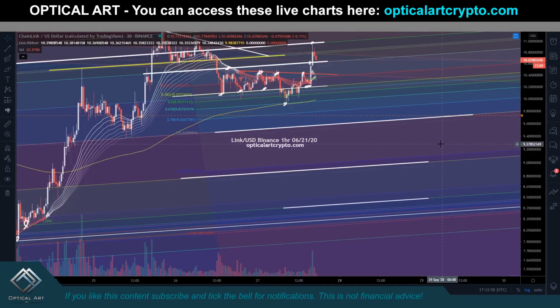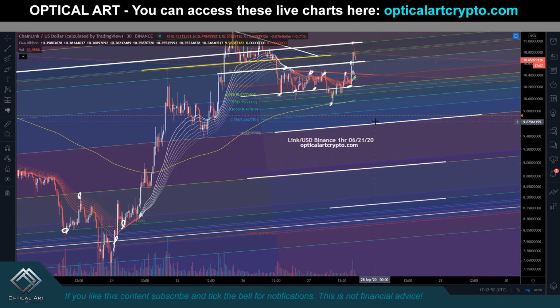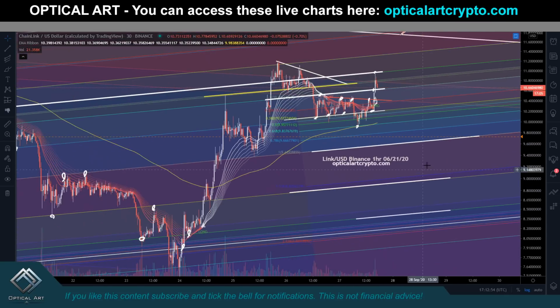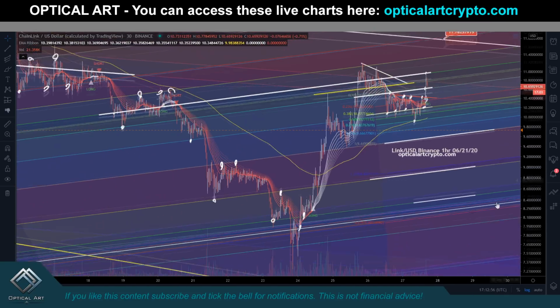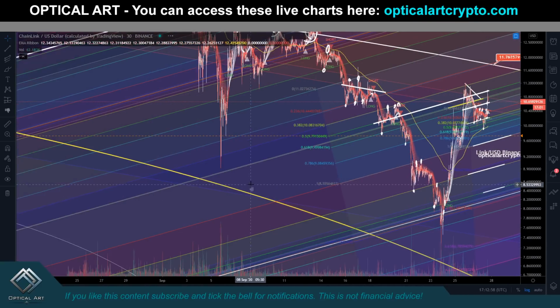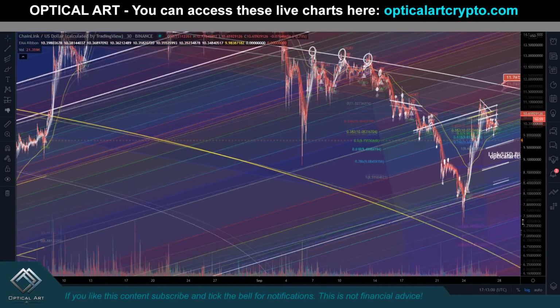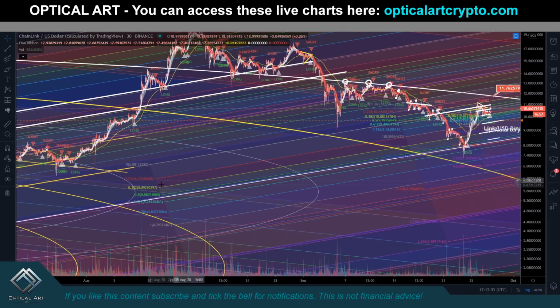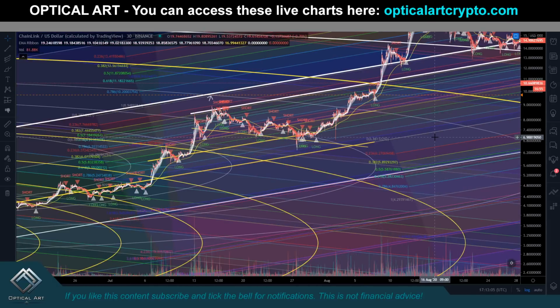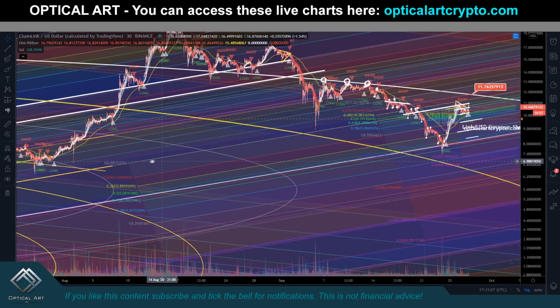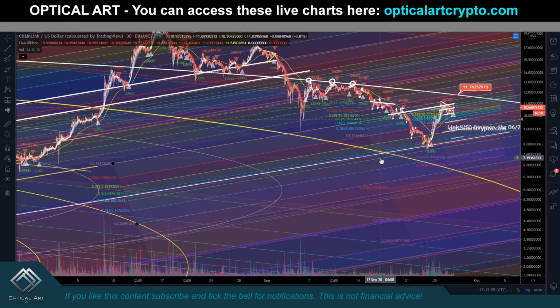So again, my buy-in points are going to be these three white lines. This chart has been updated, and you can see why. If we go back, it depends on how low price went. I'm not going to pull it all the way back, guys.